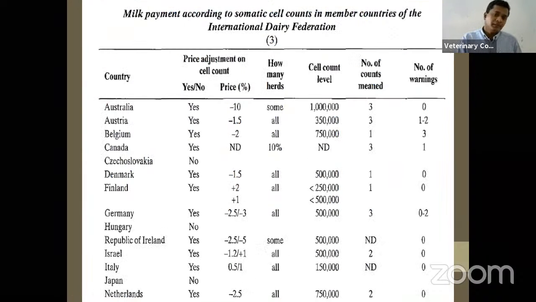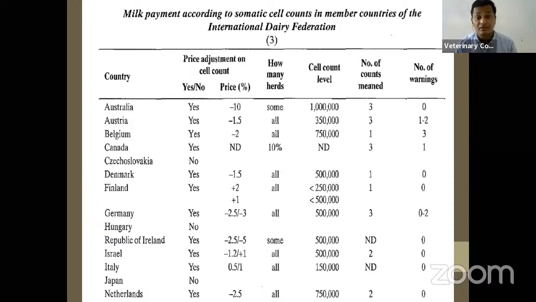Now, milk payment I was talking about in the beginning. The International Dairy Federation, again I told you it is a not-for-profit organization, especially the member states, in the sense member countries, it has given certain specifications.